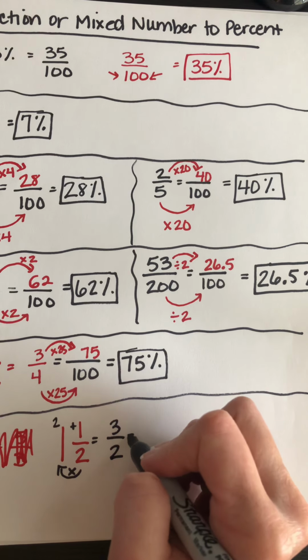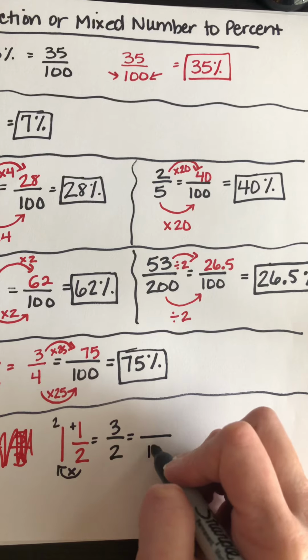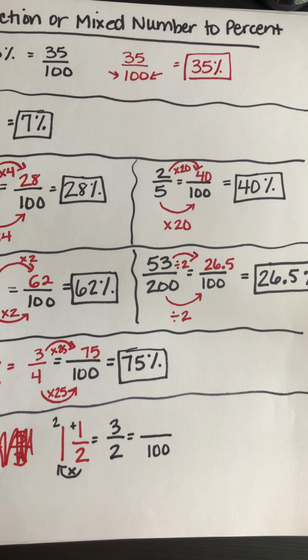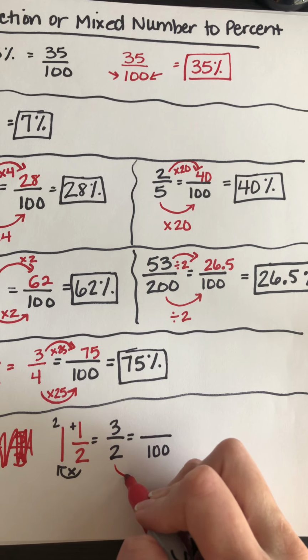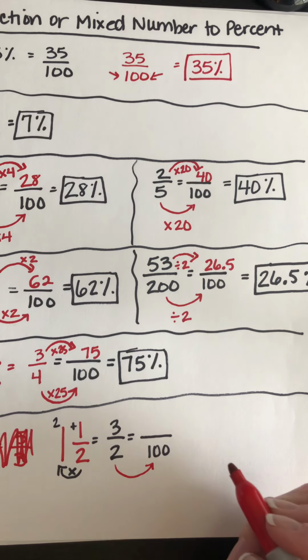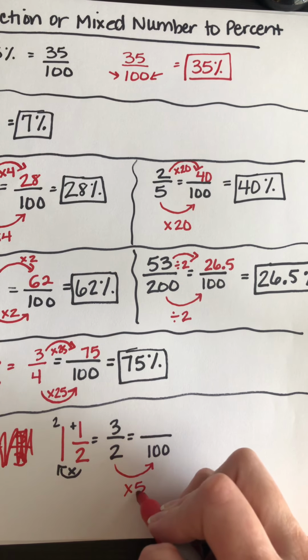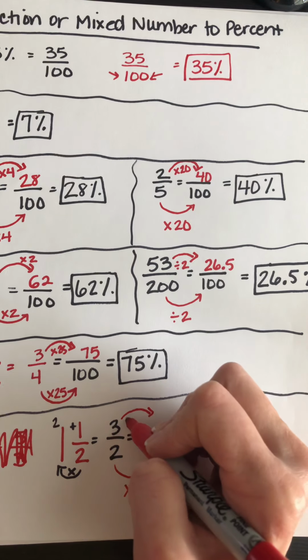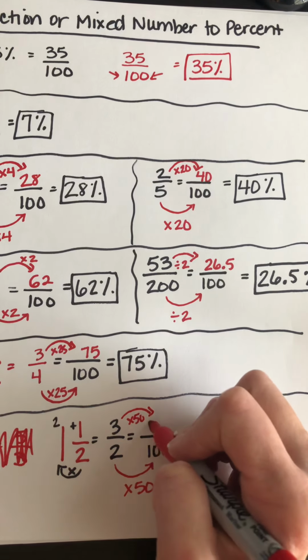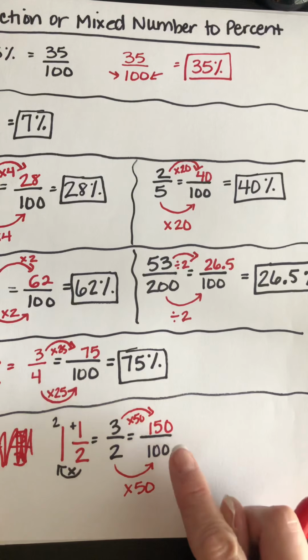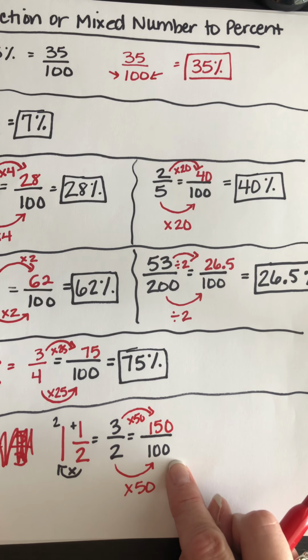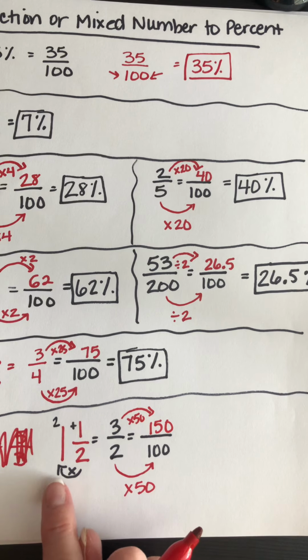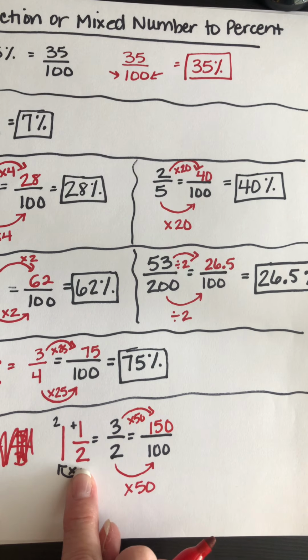I have to make an equivalent fraction to 100. And here I say, okay, 2 times 50 gets me to 100. But now I do on top, 3 times 50, which is 150. My numerator is greater than my denominator, right? And that makes sense because I had 1 1/2, a mixed number.